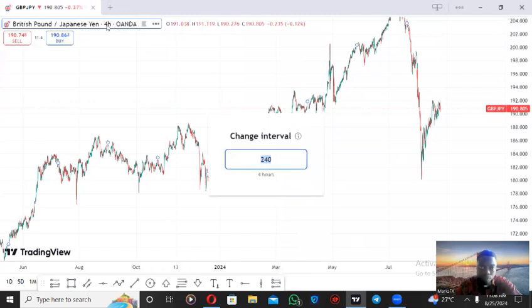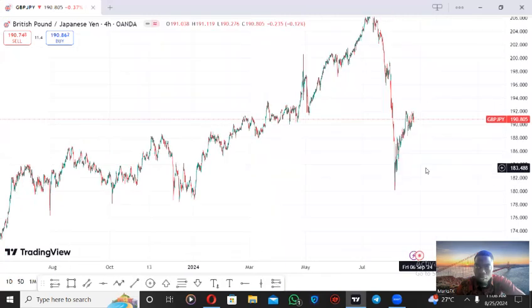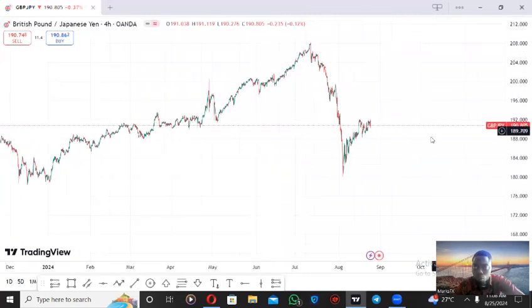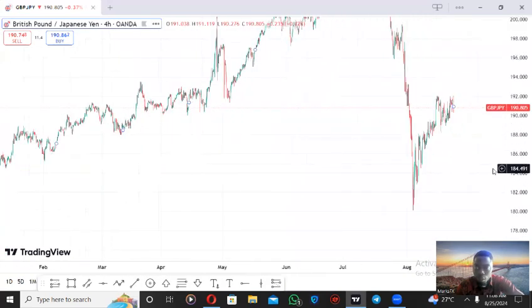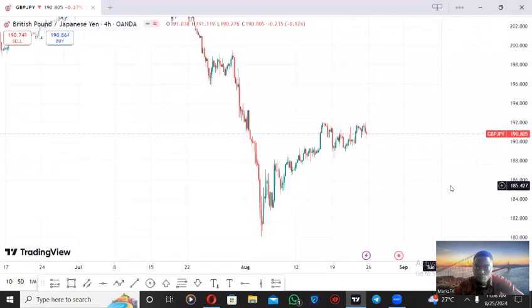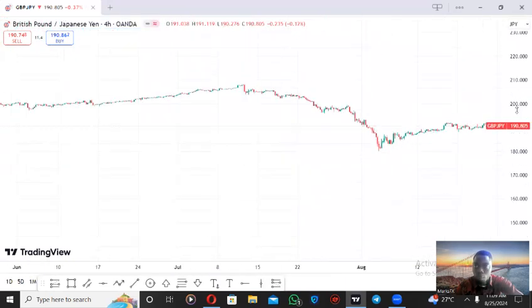So by structure, we are bullish. By structure, we are bullish.